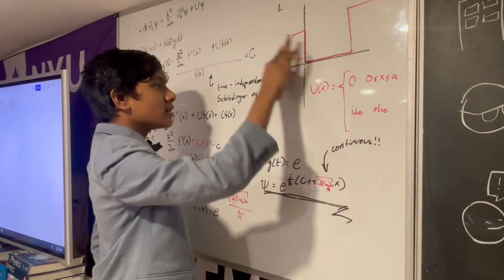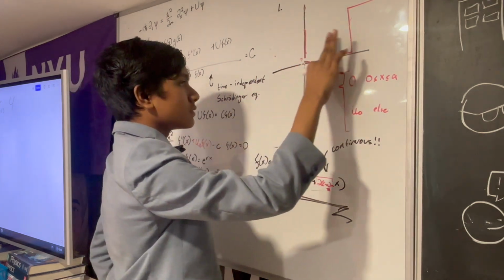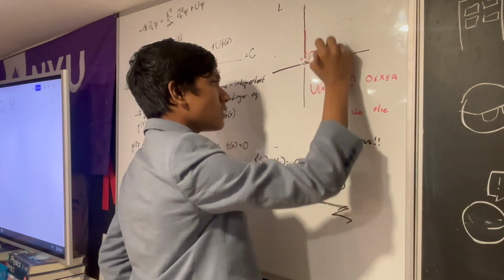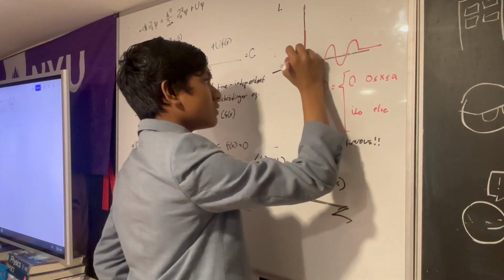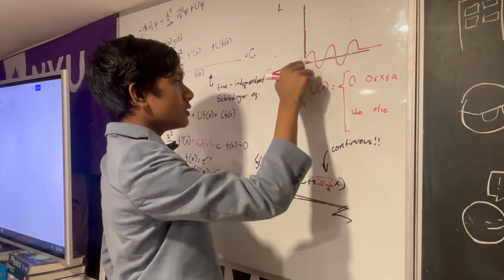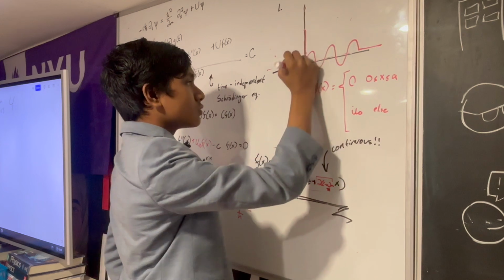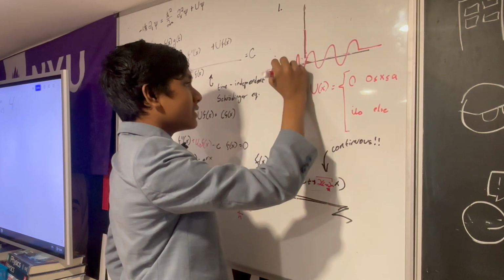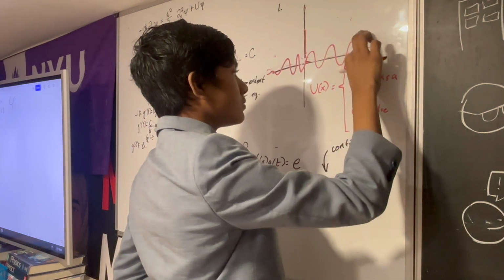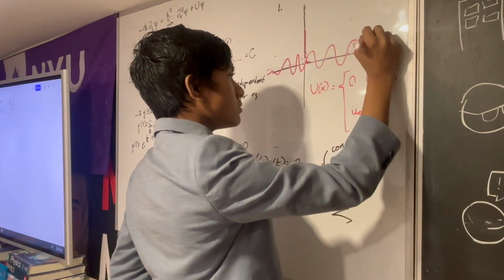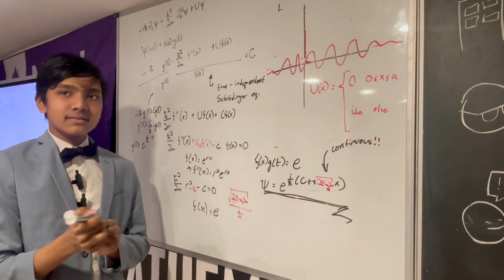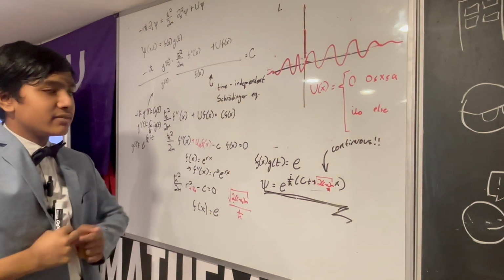So instead of looking like this, like our regular wave, the new function is going to look a little something like this, so that its integral will decay as you approach infinity from both sides.